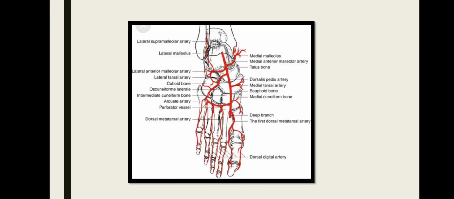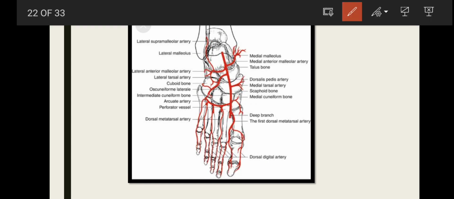As the dorsalis pedis artery comes, you can find the medial and lateral tarsal arteries, then it gives the first dorsal metatarsal artery. Then there is the arcuate artery, which gives off the second, third and fourth dorsal metatarsal arteries. Ultimately the dorsalis pedis artery forms an arch. So that is the branches of the dorsalis pedis artery.